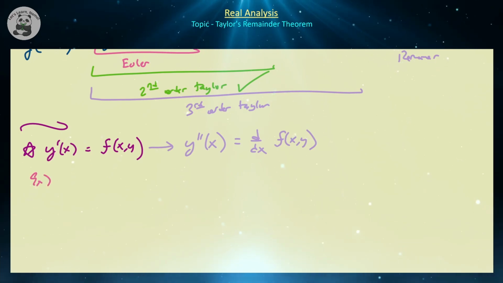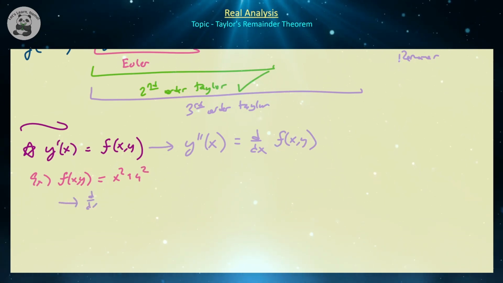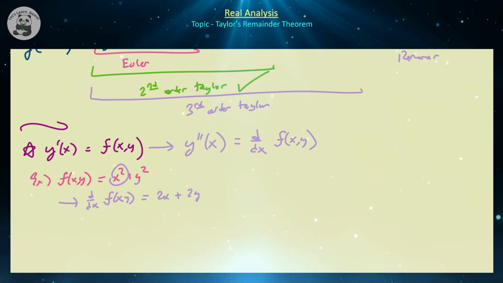So if we go back and look at our function f of x, y, which was equal to x squared plus y squared, if we take the derivative of this with respect to x, what are we going to have? The derivative of x squared is just 2x, and the derivative of y squared with respect to x is 2y times the derivative of y with respect to x.